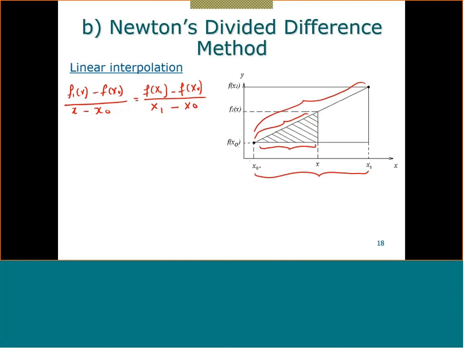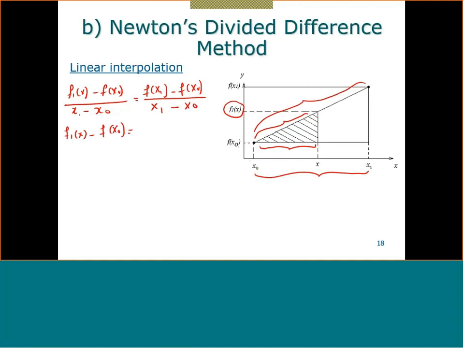Okay. Now, what is the objective? The objective, I want to find the formula of f1 of x, and we will understand the meaning of this one. So it now becomes a simple mathematical equation. So f1 of x minus f of x0 will equal, I will multiply both sides by x minus x0.